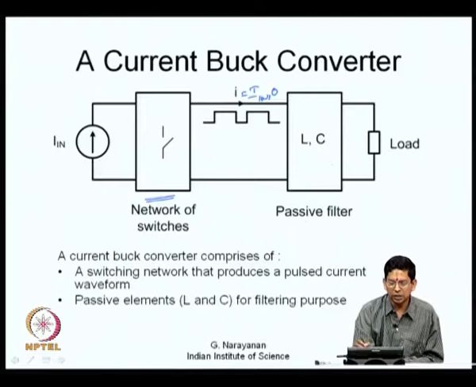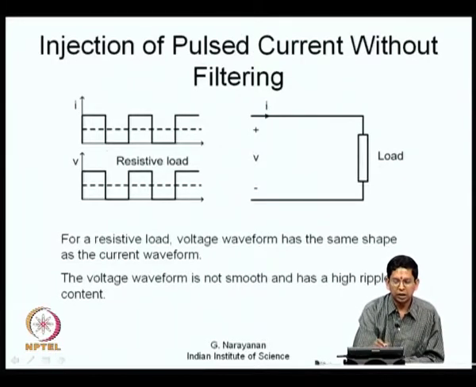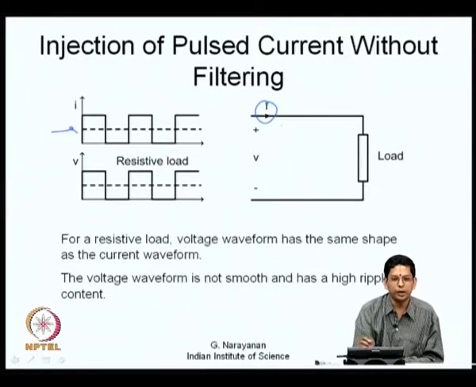Once again, let us focus on the passive filter first. Let us say you have current pulses being fed, as shown here. This is the kind of current pulses that you feed. If your load were resistive, the voltage waveform will have a similar shape as that of the current waveform. So, the current waveform is a square wave, and therefore, the voltage waveform will also be a square wave.